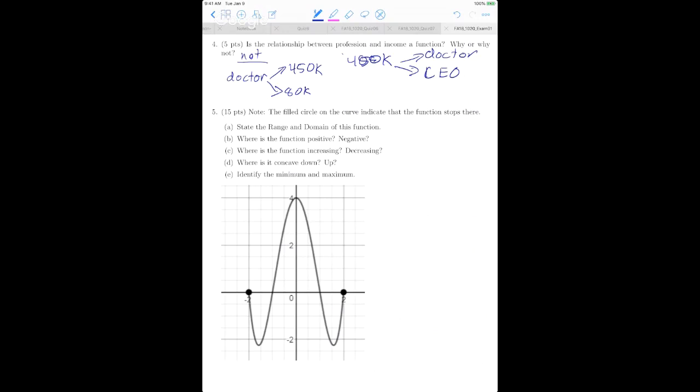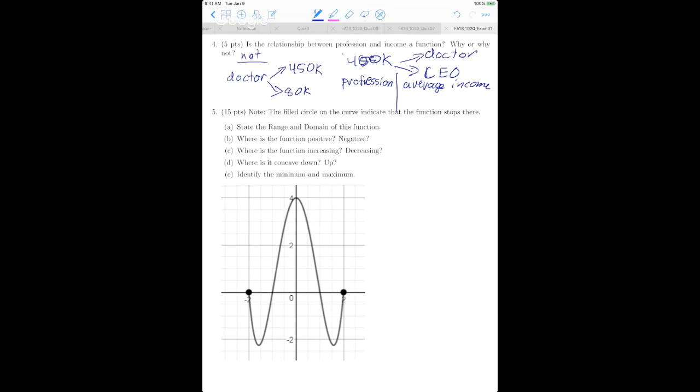Now, a lot of people did say it was a function and did say that's because profession correlates to income. You're right about that. We could write a function that says doctor and that has profession in one column and average income in another column.